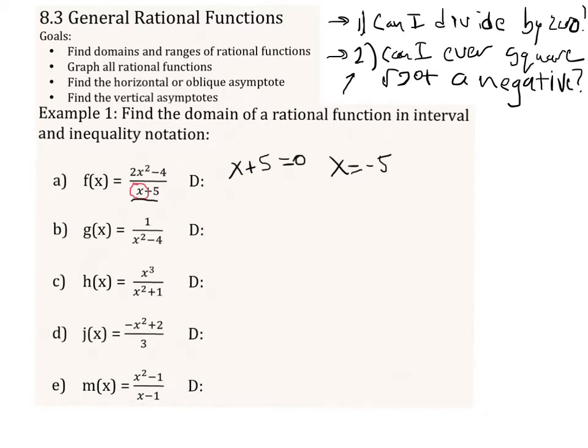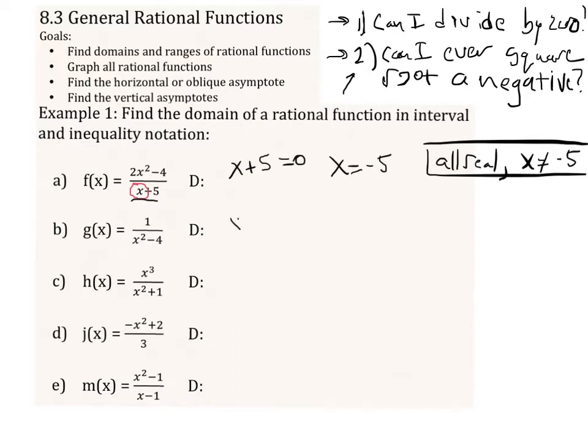Well, knowing that x equals negative 5 creates 0 in the denominator, I can then say that our domain is all real, provided that x doesn't equal negative 5. Because as long as it never equals negative 5, we will always get an answer out. Okay? So that would be my domain for this first equation.